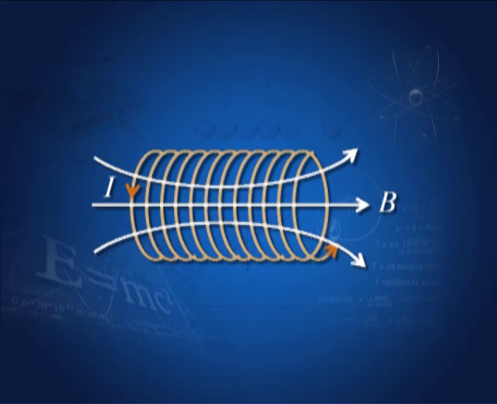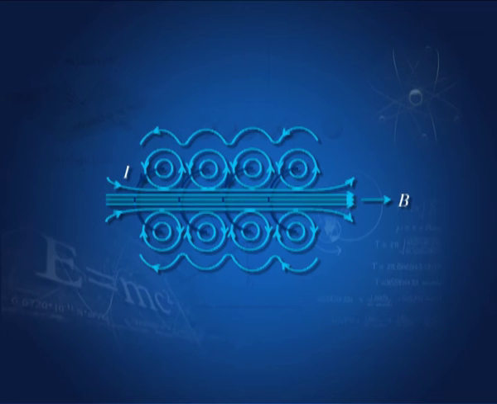For all loops it gets added, whereas in the periphery, for example, for this loop the magnetic field is going downwards, here it is going upwards. So, they cancel. Here it is going again downwards, here upwards, they cancel. So, at each place they are cancelling, only the magnetic field at the center is being reinforced, and at the periphery the field is actually very weak.